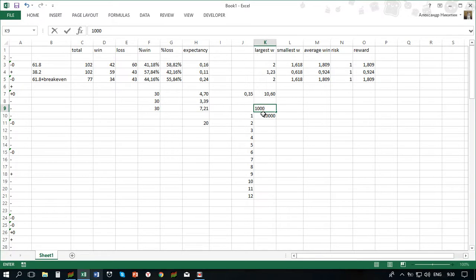What you have next month is what you started from multiplied by 0.1. Agree? Because of 10%. This is your expectancy, monthly expectancy.